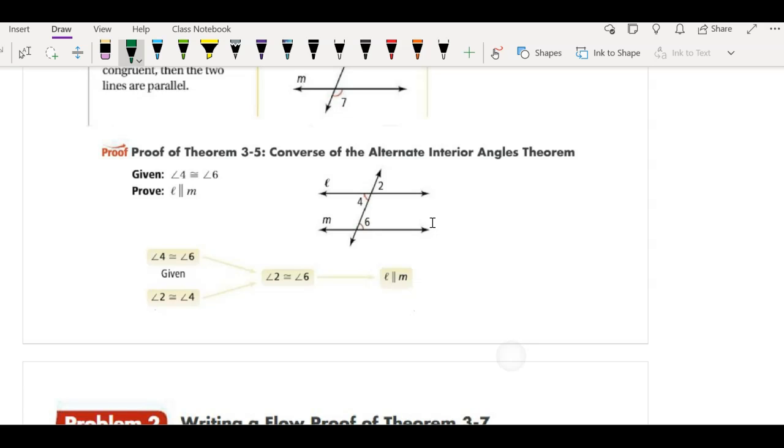So the first thing we do is look at 2 and 4. We know those are congruent. For what reason? Vertical angles are congruent. And then we go to angle 2 is congruent to angle 6. Well, how do we get that?